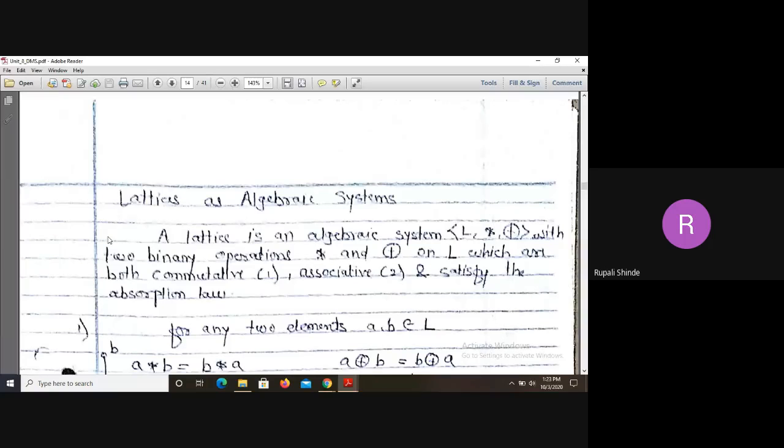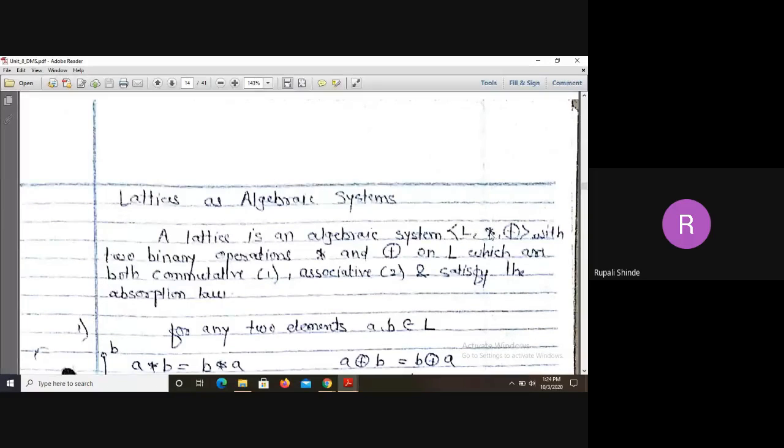In unit number 6 we have seen what is algebraic system. So L is for lattice, and star and XOR are two binary operations.